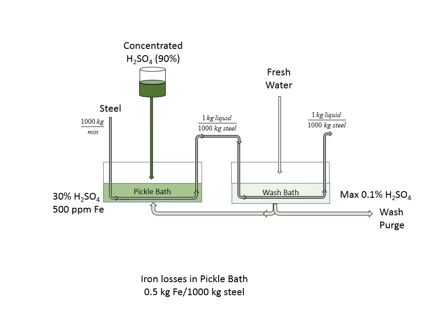Similarly, we lose iron in the pickle bath at a rate of 0.5 kilograms of iron for every 1,000 kilograms of steel. And this will necessitate the use of a purge on the pickle bath so that the iron levels do not build up.